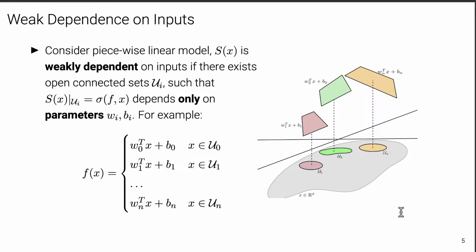In that case, we are going to say that we're weakly dependent on our inputs. All we require from our inputs is that they lie in a certain region where the function behaves like a plane, and our saliency map is only going to be determined by these things.